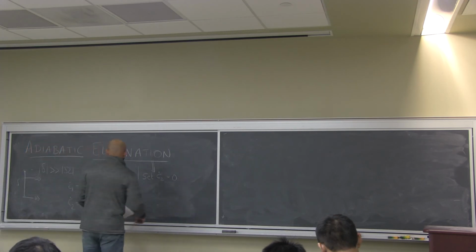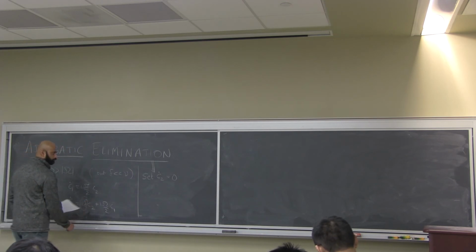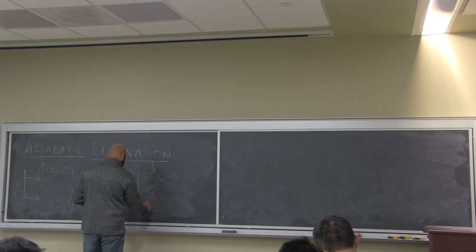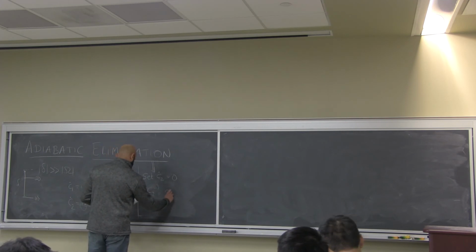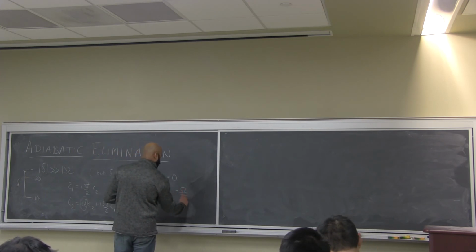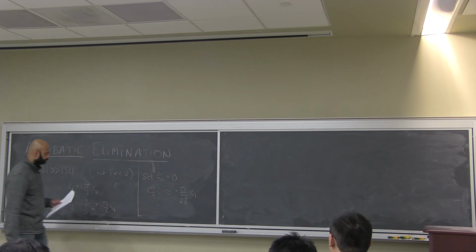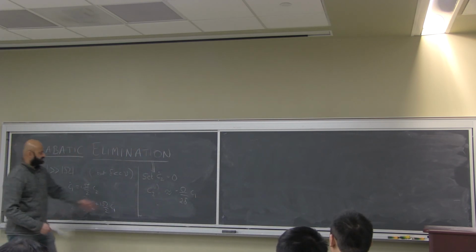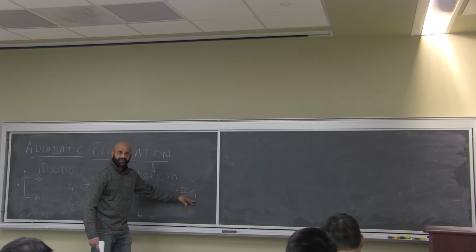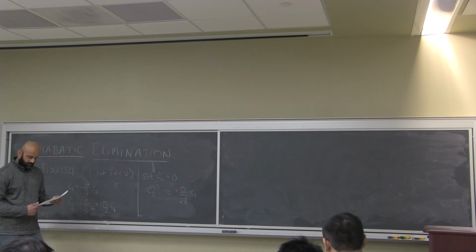Which means if C2 dot is equal to 0 from this equation, then to first order, when I solve this equation, C2 in first order is approximately, just setting this equal to 0, minus omega over 2 delta times C1. Okay? And this is what I mean, that C2 adiabatically follows C1, right? Whatever happens to C1, with some factor, C2 will follow that same relationship.